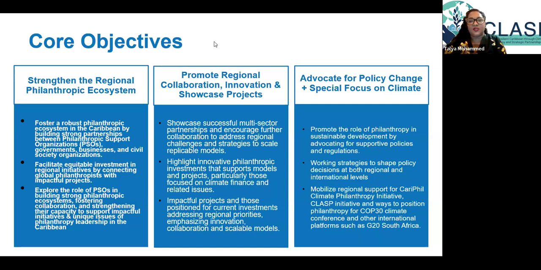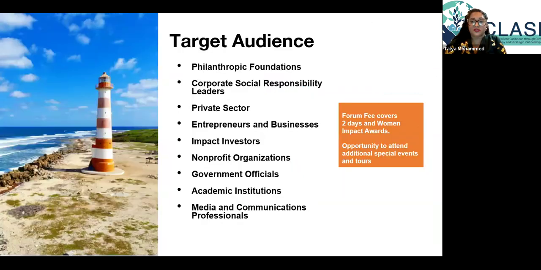So CLASP is going to be a highlight at the event, but it's also to discuss all the other philanthropic needs we have in the region, especially as you know, there is severe inequity in the region when it comes to those facing poverty. We have our sister country of Haiti, that has so many grievous social problems that need support. So these are the target audiences.